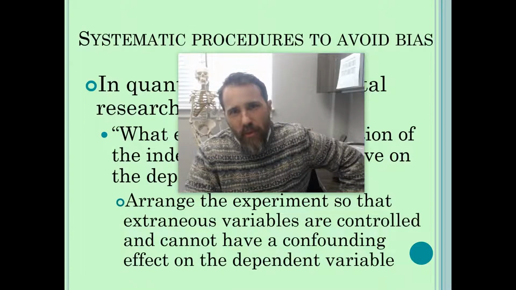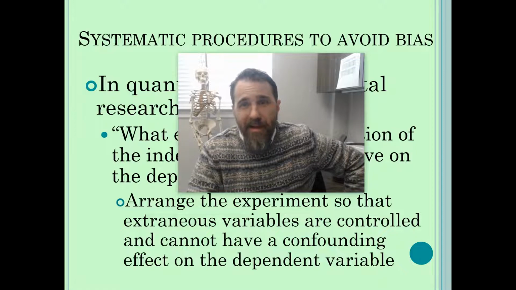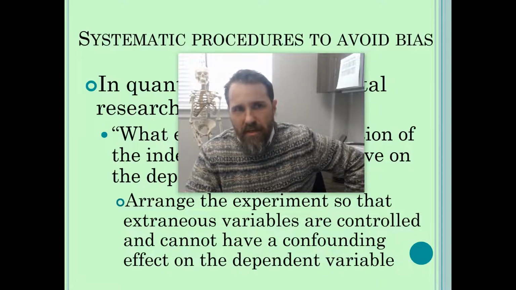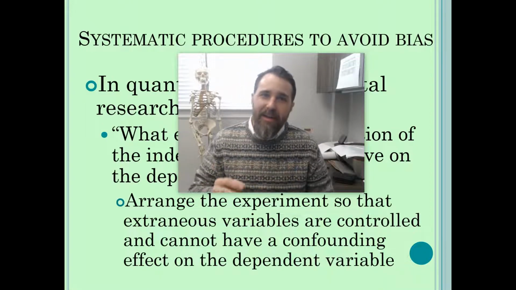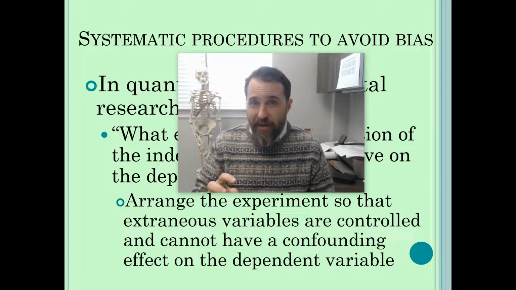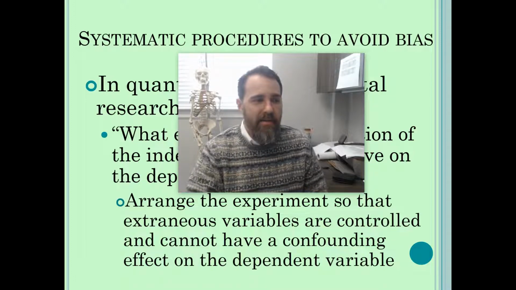And when I say ruling out factors that might influence my results, I'm talking about a bias within my study. So within your research design, you need to have procedures that are going to allow you to control for these nuisance factors. In other words, allow you to avoid possible bias.